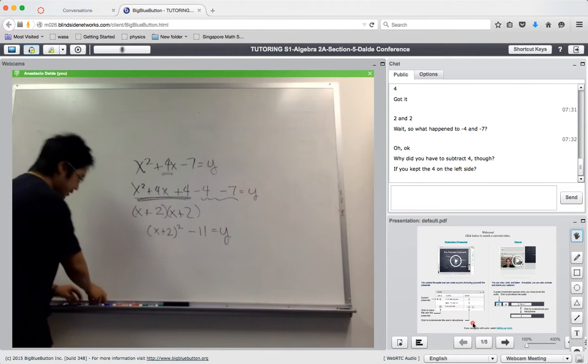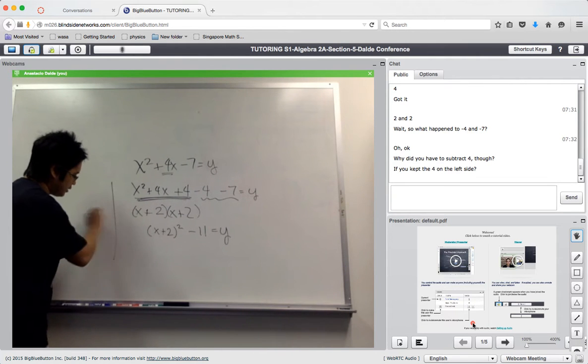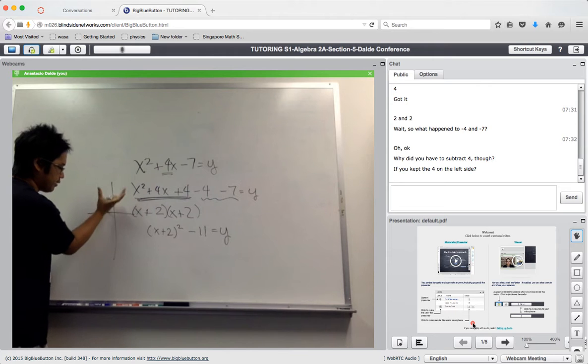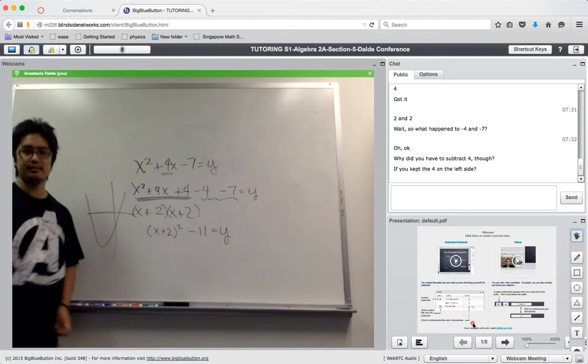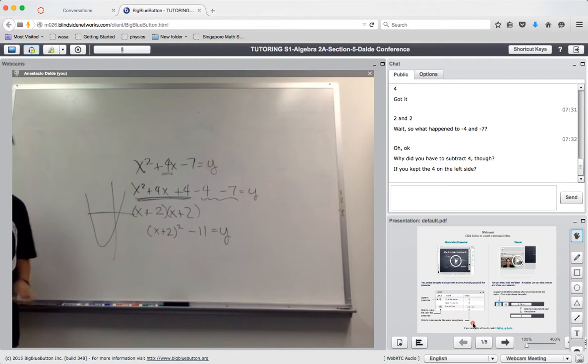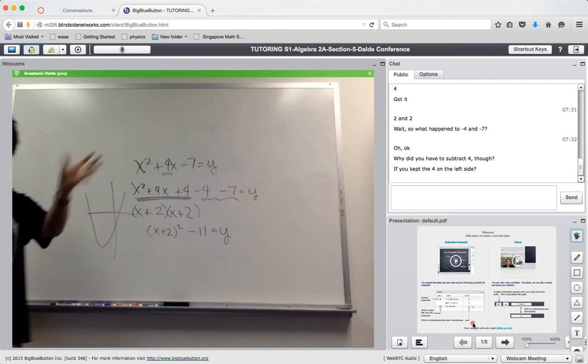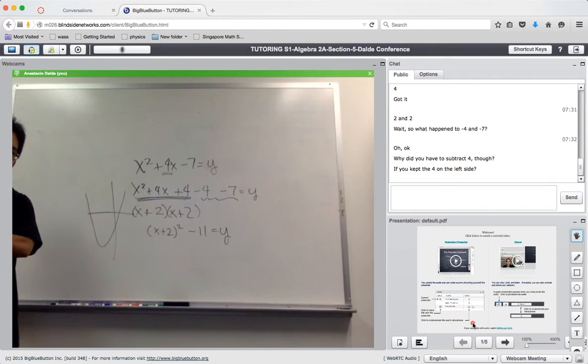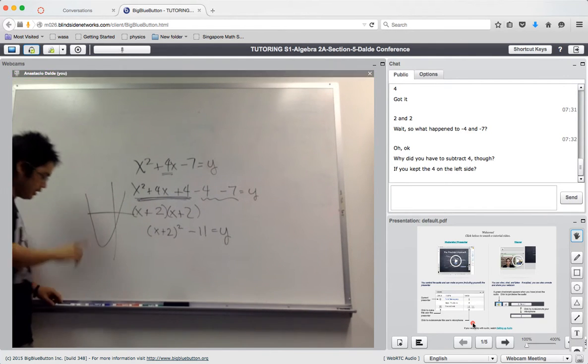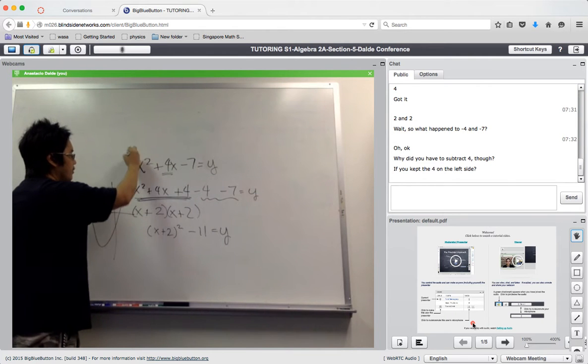So if I were to graph this parabola, I'd just say, all right, this is a regular parabola, drop down 11, move to the left 2. There it is. If you wanted a prettier graph, I could make little tick marks and do it on graph paper.